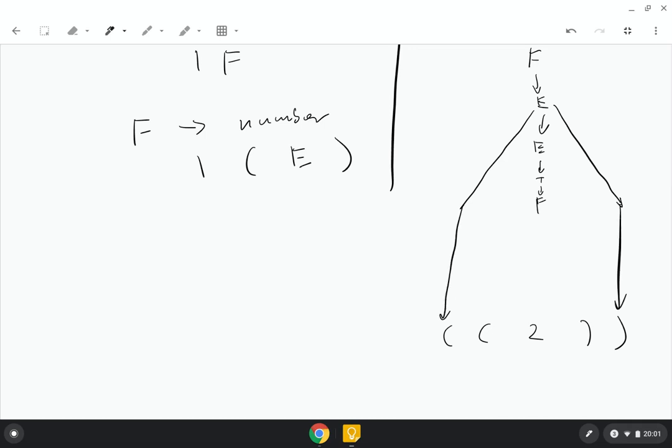So we get F, and F expands to parenthesis, E, parenthesis. And then we just go on again. Now we're back at E again. So we replace it with T, F, and finally F can be replaced with a number. Questions on this? What are your questions on this?